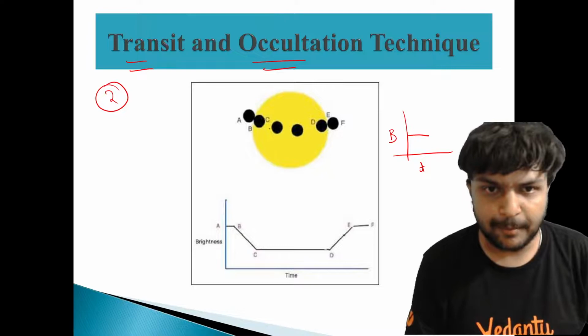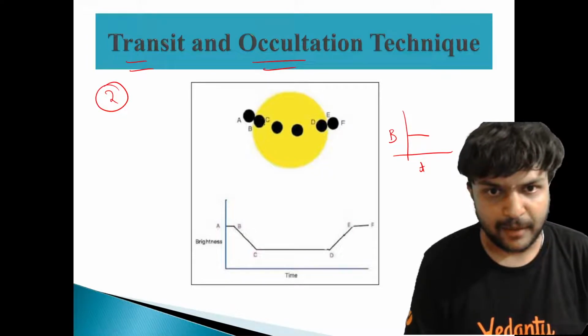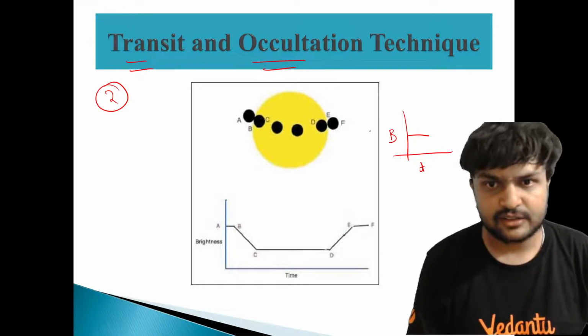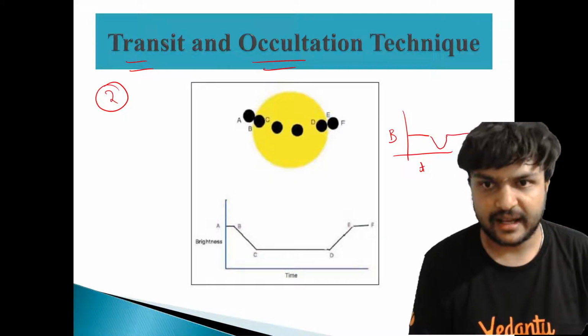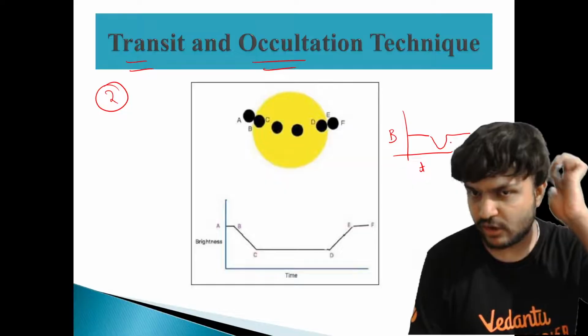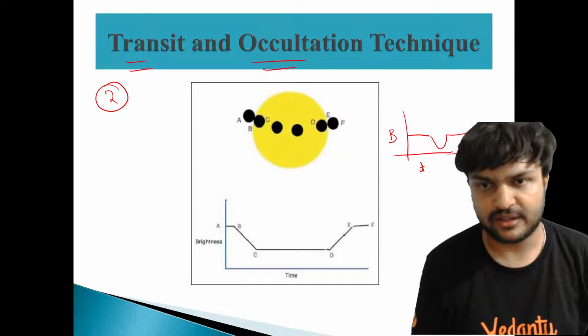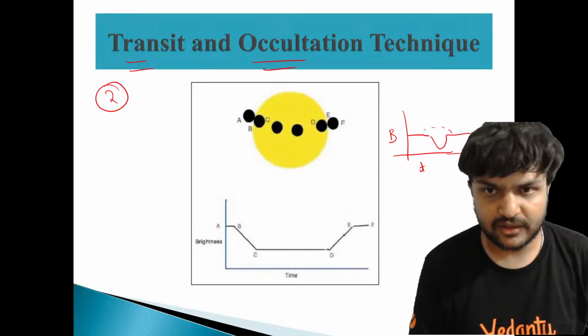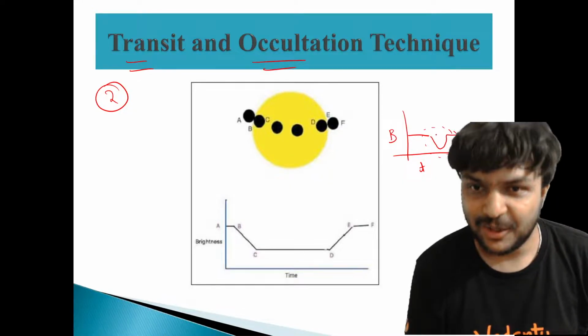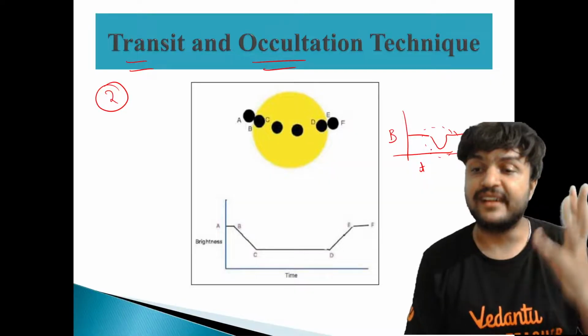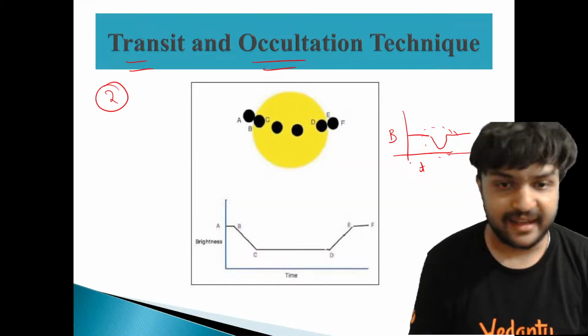But whenever the planet passes in front of the star, the brightness will dip, and after the planet passes off, the brightness becomes constant again. Based on this dip, you can find an exoplanet, and looking at the depth we can find the radius and mass of the planet as well.